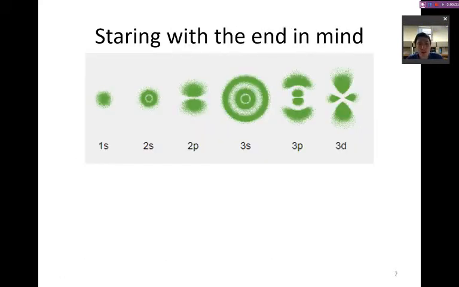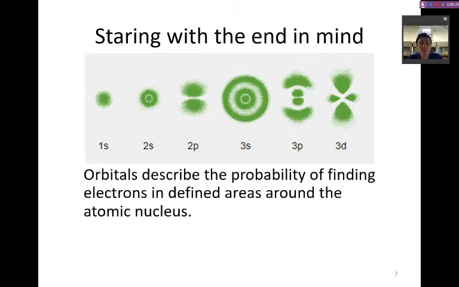So to remind ourselves where we came from recently, we talked about how orbitals describe the probability of finding an electron in a given location. And remember how we talked about how not only does light behave as both particle and wave, but so does matter. So electrons, while they are physical objects that have a specific mass, also behave as though they are a wave.